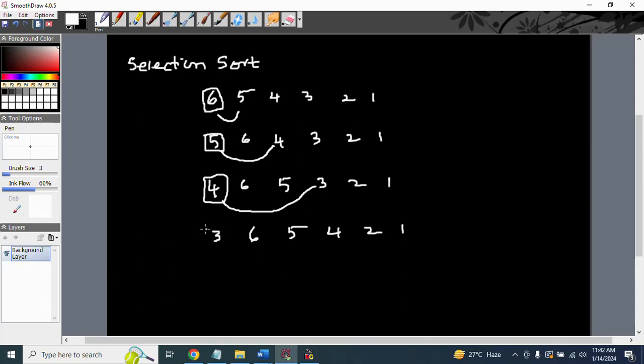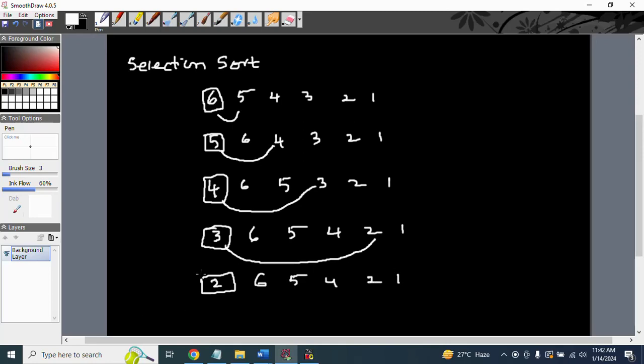Now the latest value of the first element is 3. We have done the 1 2, 1 3, 1 4 comparisons. Now 1 5: 3 is greater than 2, which means the fifth element is smaller than my first element, so swap it. 2 comes here, 6 remains like this, 5 4 2 1.